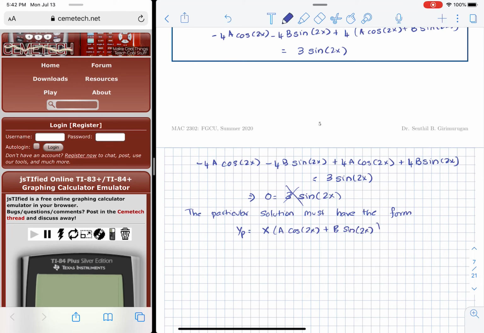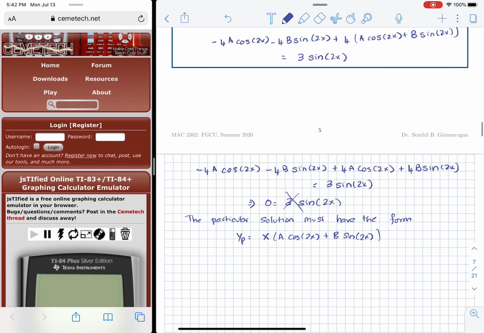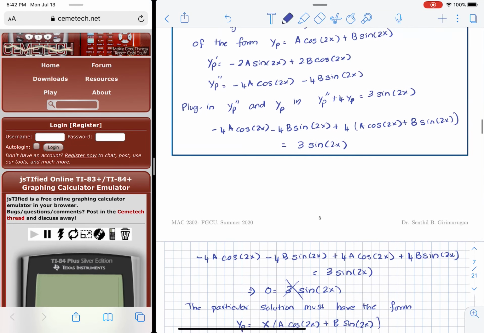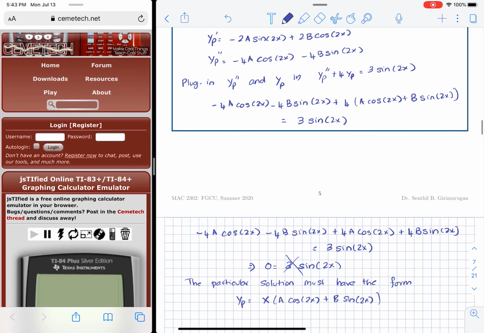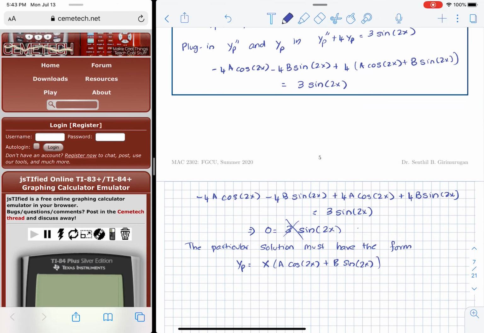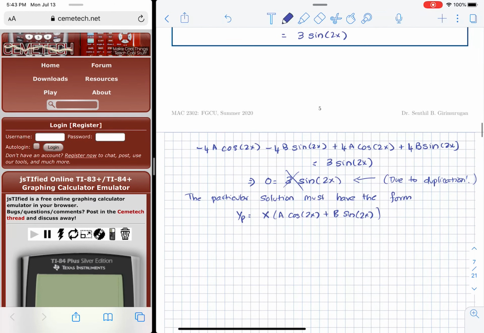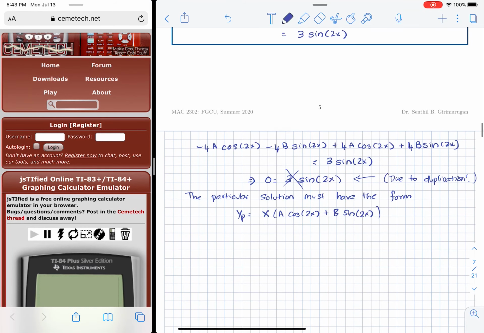I wanted to demonstrate this key feature. We look at the complementary solution, and it already has sine 2x, and we can't expect the same thing to repeat directly in the particular solution. If you did that, you would end up with a situation like that equation, so that is due to duplication. So this is where we multiply by x.